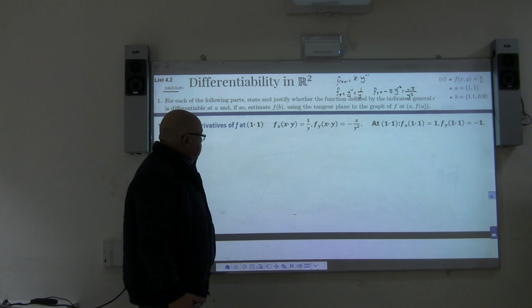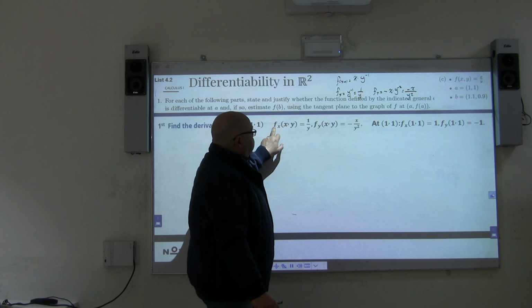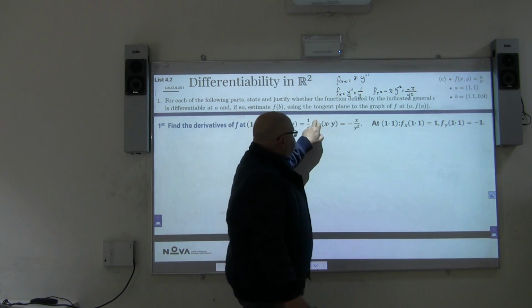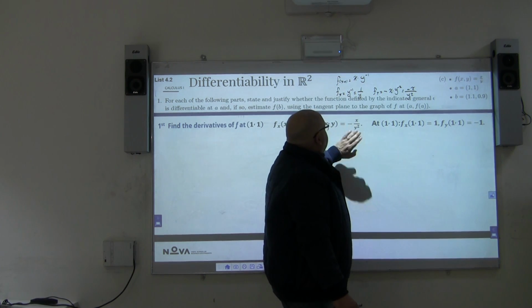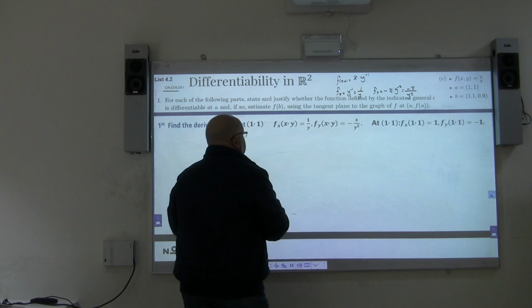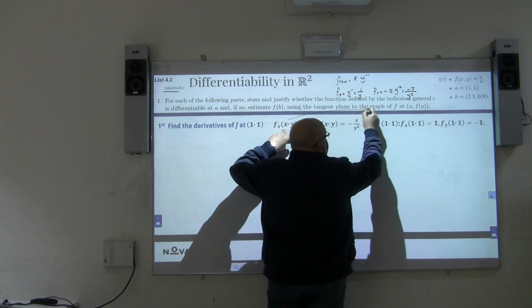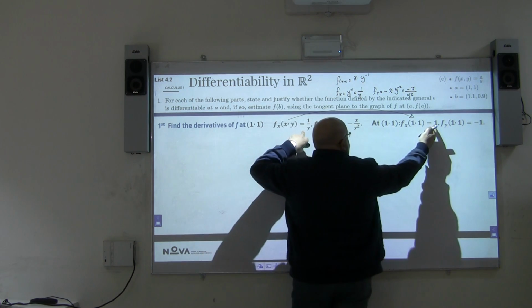So the first step: at (1, 1), f differentiated with respect to x is going to be 1 over y, and f differentiated with respect to y is going to be negative x over y squared. I will make the substitution. So f of x, y at (1, 1), all I have to do is substitute 1 over 1, so it's 1.